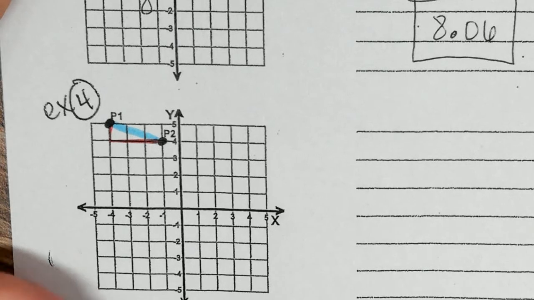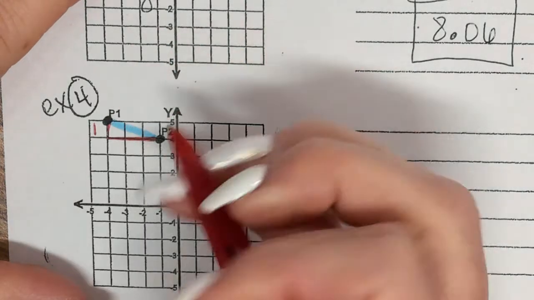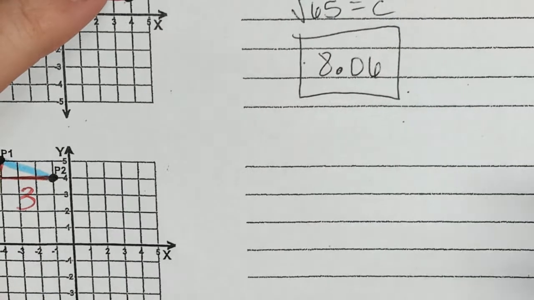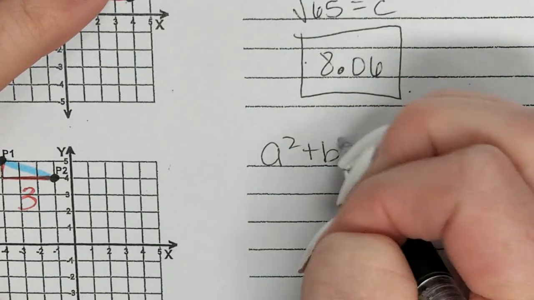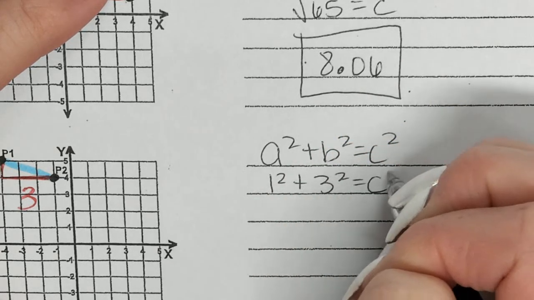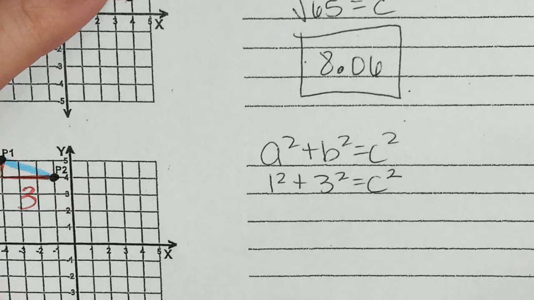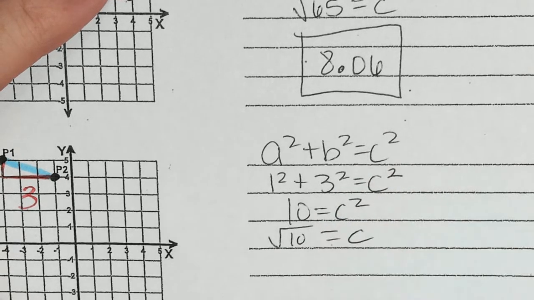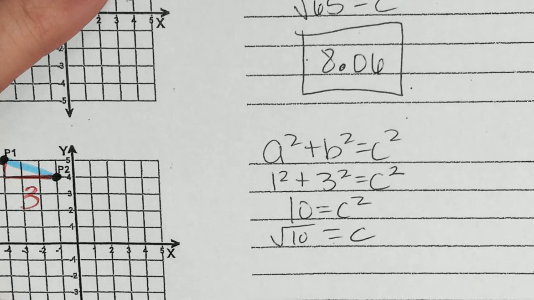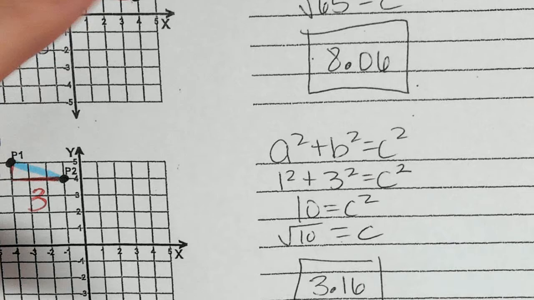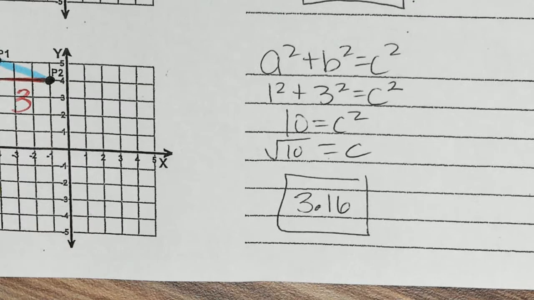What were the side lengths? 1 and 3. What is that, 10? And the square root of 10 is 3.16. Okay, any questions on those?